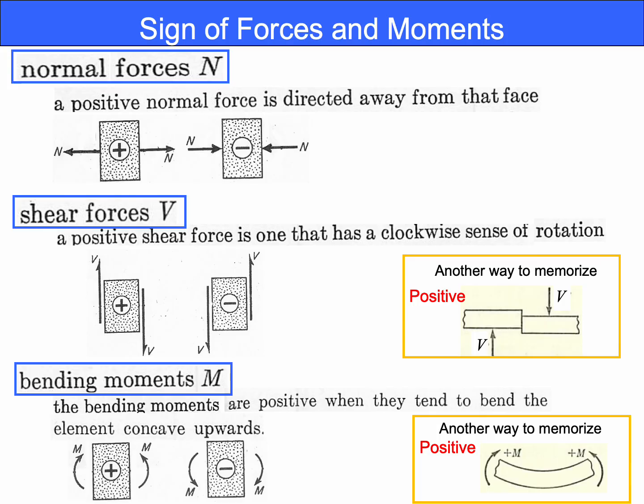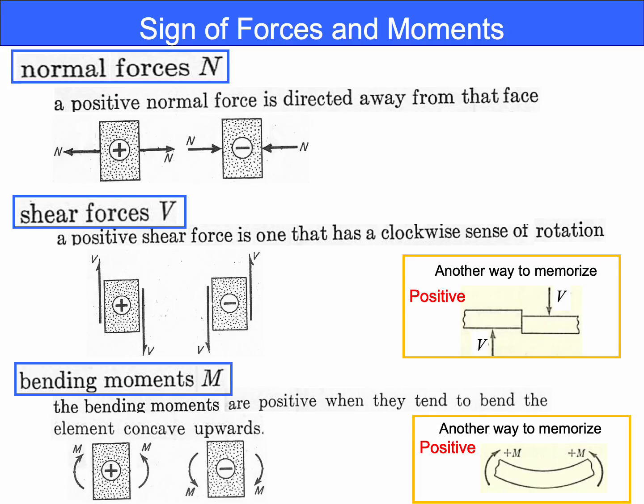The standard convention dictates that internal shear is positive when the resultant external forces on the left side of the cut tend to push that segment upward like this. So this is positive, and relative to the right end it pushes up.